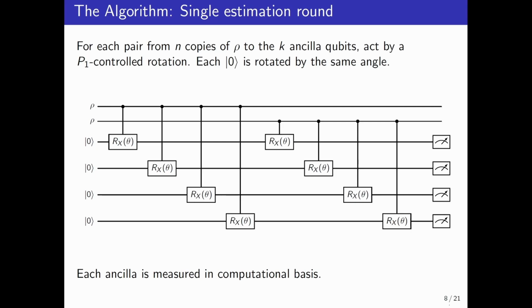Now, before we describe how we use the measurement outcomes, let's first analyze the situation a bit more. Notice that the correctness of the estimates depends only on the statistics of the measurements on the ancillas. Since we only apply the P1-controlled rotations, we can assume that we had measured out the copies of rho with P. Once we do that, we can replace these P1-controlled gates with just Rx gates with rotation dependent on the measurement outcomes of rho.